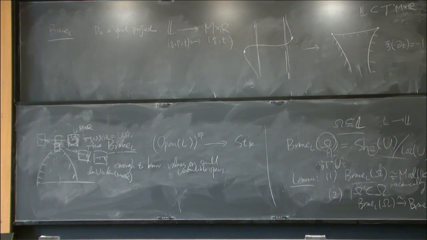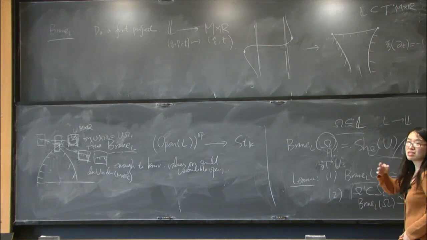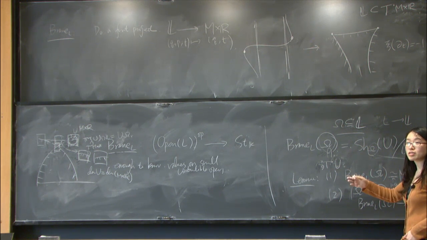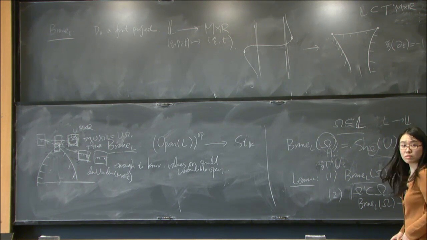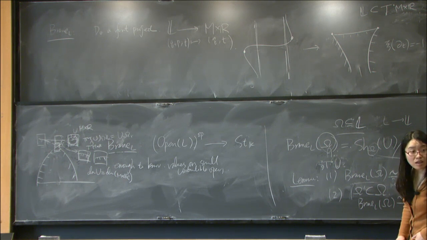Are you saying that part one of the lemma follows formally from the quantization of Hamiltonian isotopies? This one doesn't need the Hamiltonian isotopies, because for this you don't see anything singular. We're curious how that part is proved.